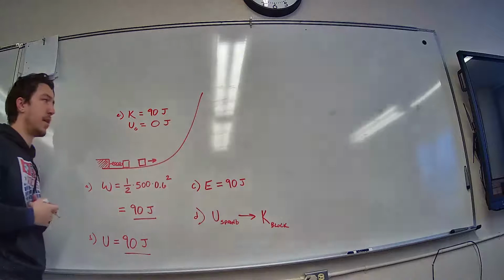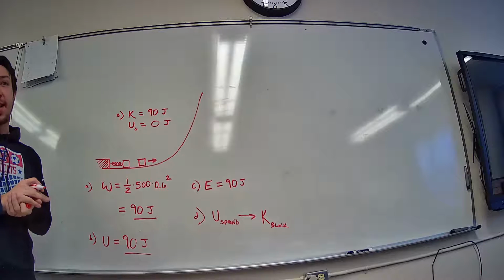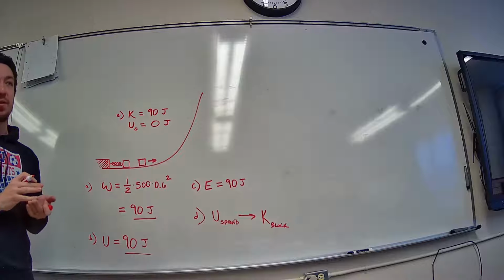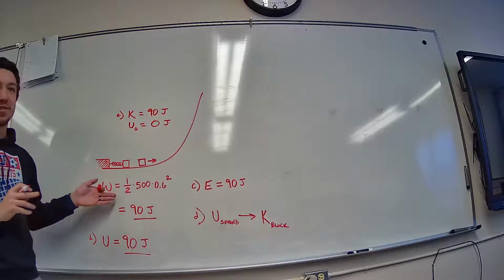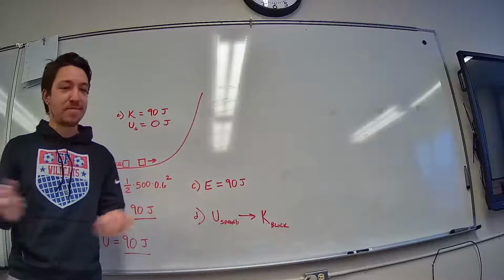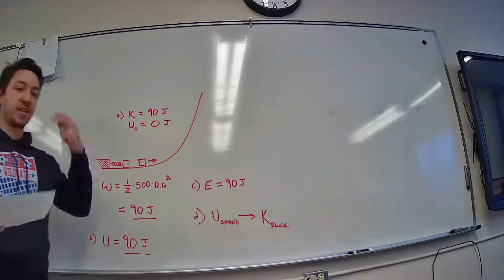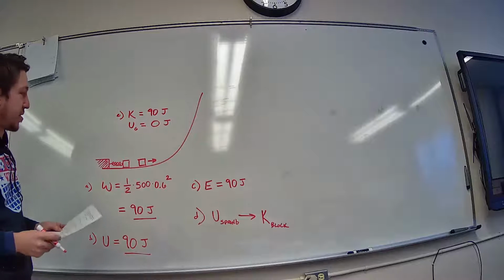Nope. Not yet. Soon we'll throw in friction and air resistance, and then that's kind of like when you have some embezzlement, some theft. You go, oh, there was 90 joules, but now there's only 85 joules. What happened? Five joules got stolen. So who stole it? Friction, heat, sound, air resistance.